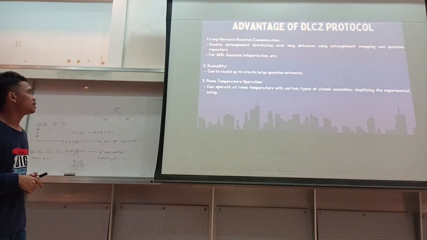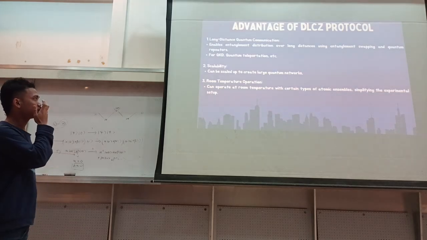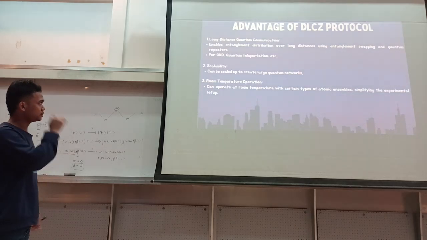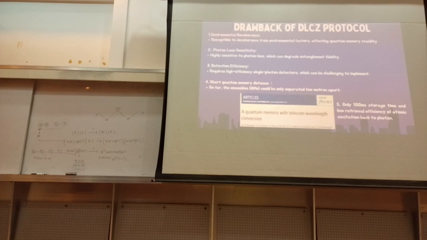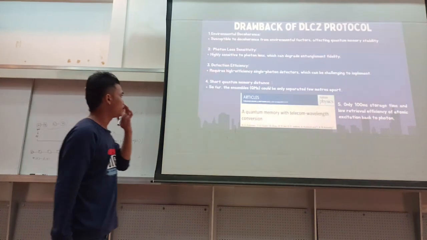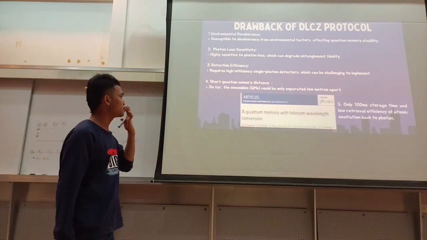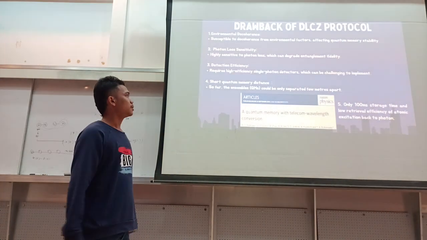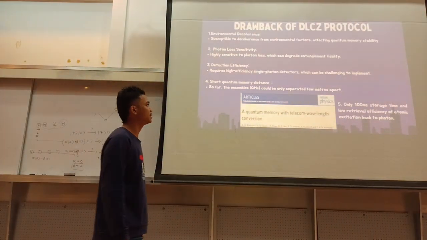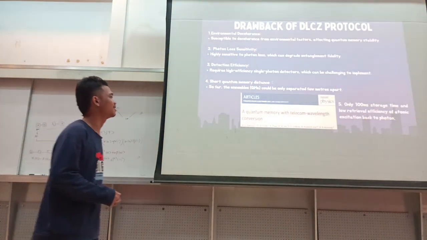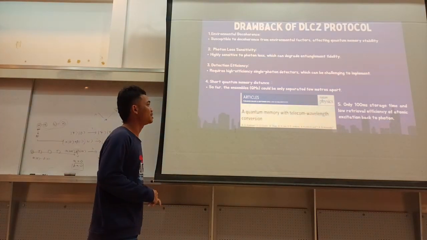And yeah, scalability and room temperature operation, as I already talked about just now. It can operate at room temperature, not in cold gas mainly. Okay, what is the drawback? So there's a research, the point number 5 over there. The storage time which they can reach is only 100 milliseconds. So it's a very short time, and low retrieval efficiency.